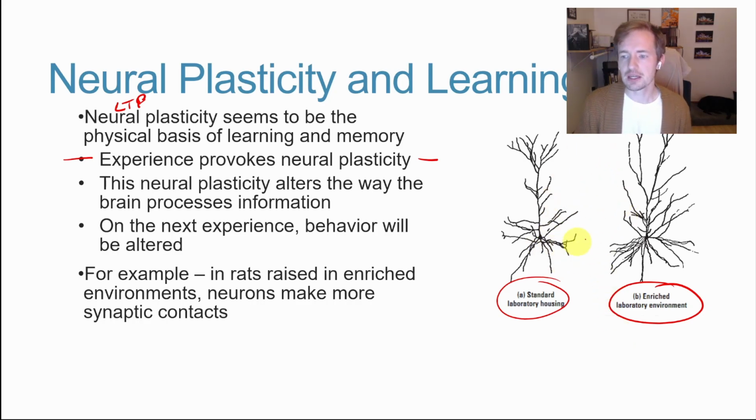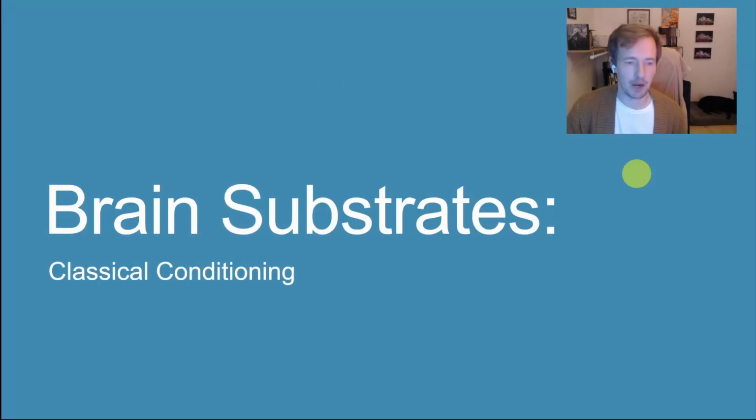You can see there's a pretty moderate difference in the total presentation of these neurons. There are just more connections that can be made in the enriched laboratory environment because of how many dendrites and axon terminals you have. It looks like a lot more, and they reach a little bit further out too, which are all things that can affect how we remember the world around us.